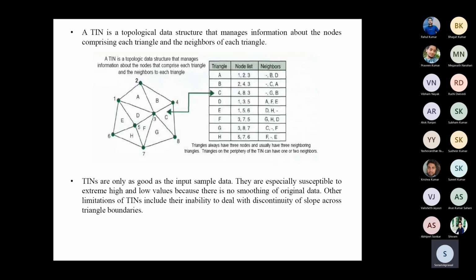So TIN is a topological data structure that manages information about the nodes comprising each triangle and the neighbors of each triangle. See this figure carefully and see this table. Are you able to understand how this table is created? Try to identify by yourself how this table is created.